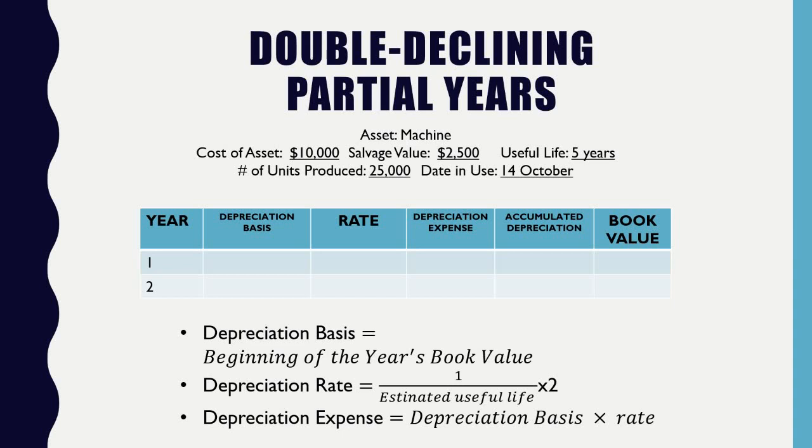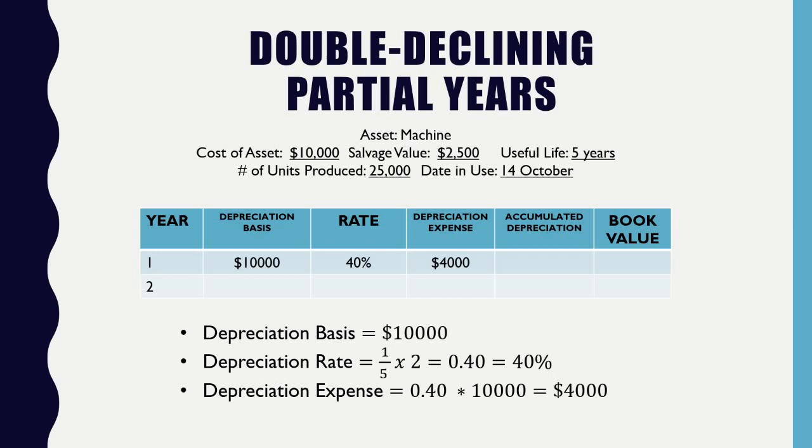That's 1 divided by 5, which is 0.2, times 2. It's going to give you 40%. Now, if you multiply across for the depreciation expense, you're going to take $10,000 and multiply it by the rate, 40%. So your answer here is that you're going to depreciate $4,000.